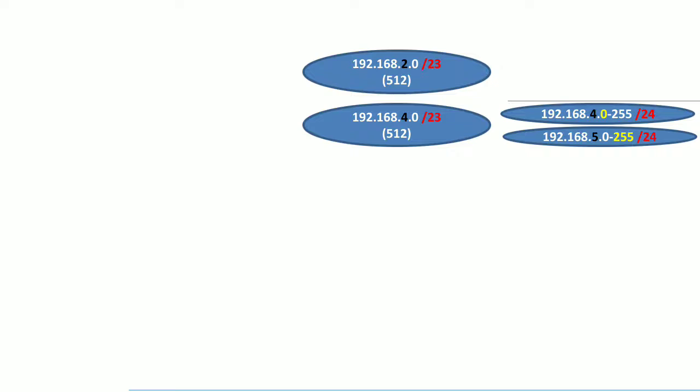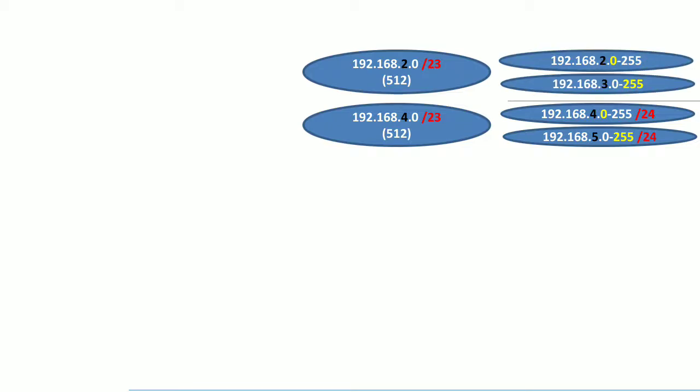So this 2.0/23 subnet mask will have two networks, that is 2.0 and 3.0. So 2.0 would be the network ID with /23 notation, and 3.255 would be the broadcast IP address, that is the last IP address of the 3 network.